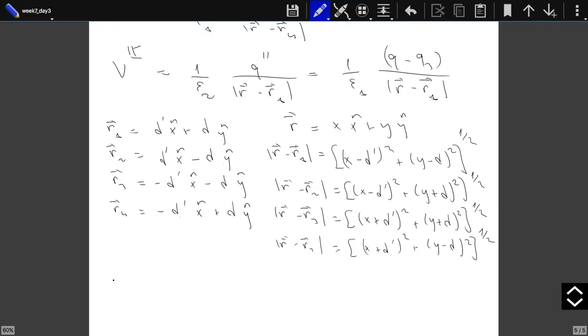So let's start with V2. This is equal to 1 over epsilon 1 (q minus q3) over |r minus r1|, to the power 1/2.